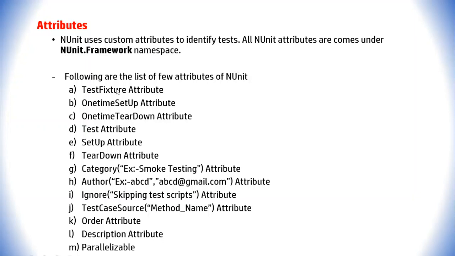We'll discuss one by one what all these attributes are. A few of the attributes we'll discuss in today's Selenium C#.NET tutorial, and a few in upcoming Selenium C#.NET tutorials. So let us jump to Visual Studio.